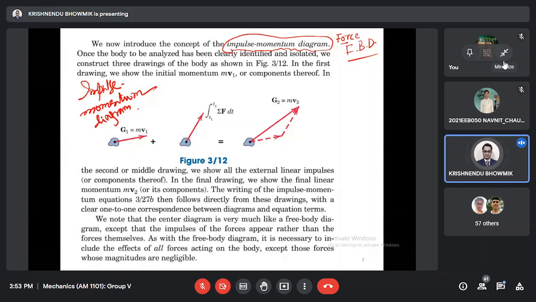So what we'll write here, for particle 1, we have only one particle. Initially m v1 is the initial momentum, both in magnitude and direction, plus we will add this impulse.